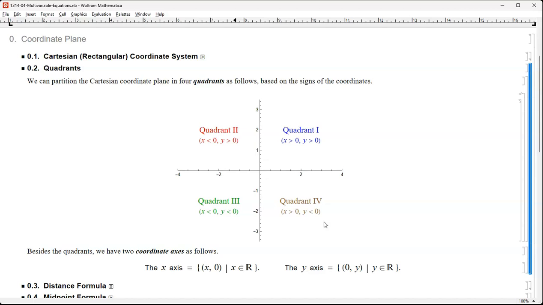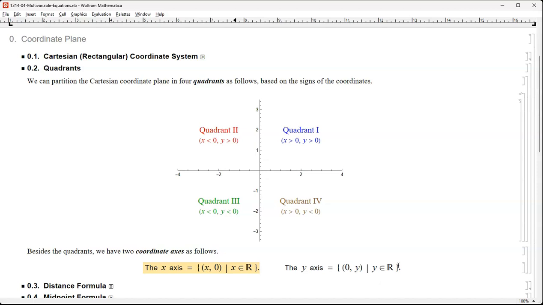Besides those quadrants, we have coordinate axes. Those on the x-axis: the horizontal distance is some real number x, positive, then to the right, negative, then to the left, but the vertical distance is 0. I don't venture upward or downward at all, so we are looking at (x, 0). That's the x-axis.